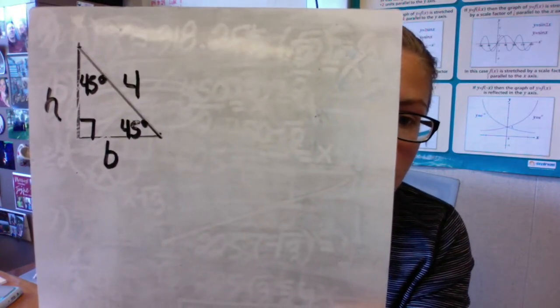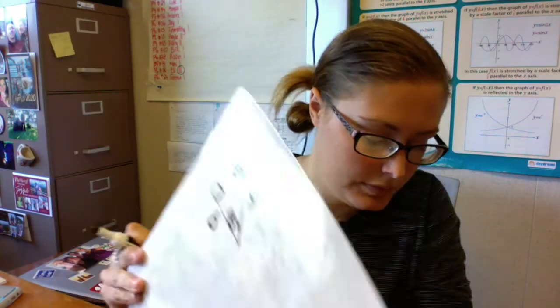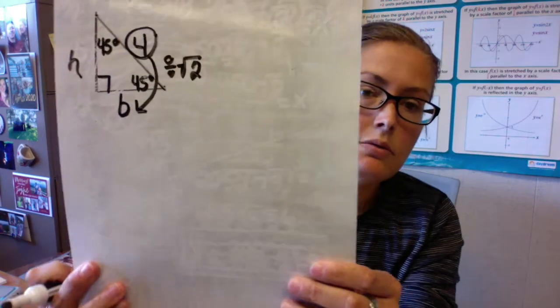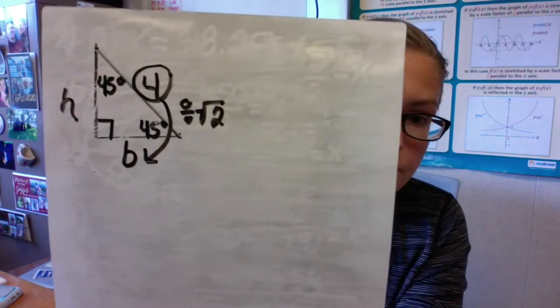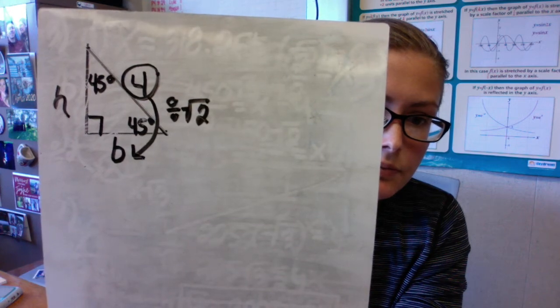So we need to find our lengths. To go from 4 to B, we need to divide by the square root of 2. So 4 divided by the square root of 2 is going to equal B.